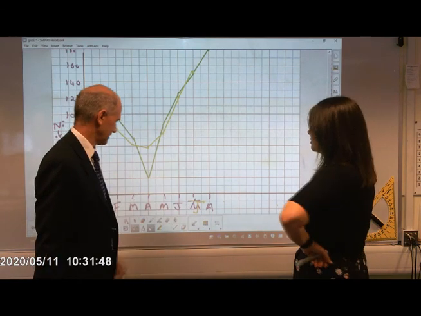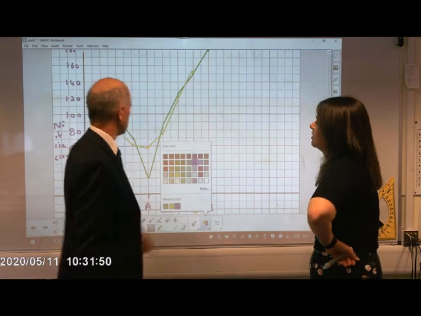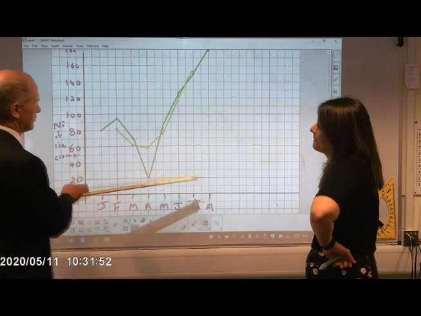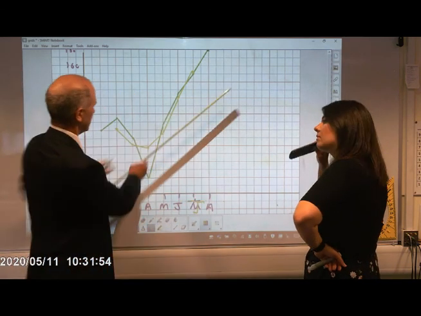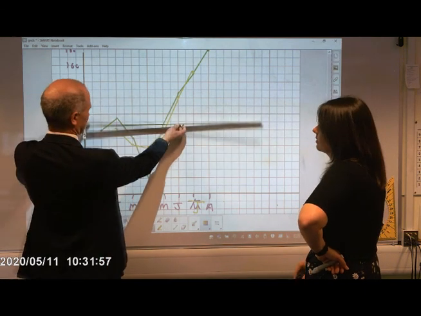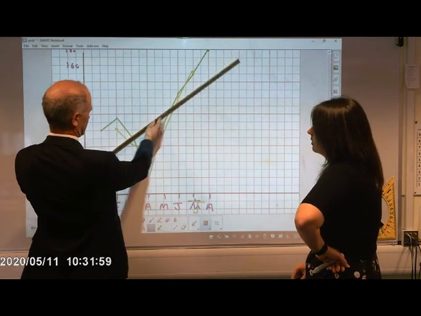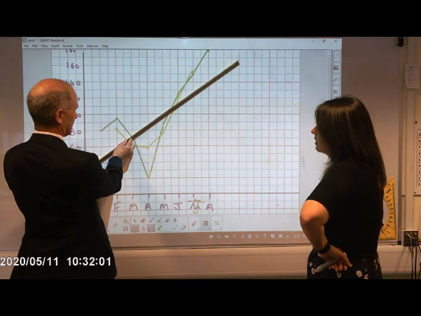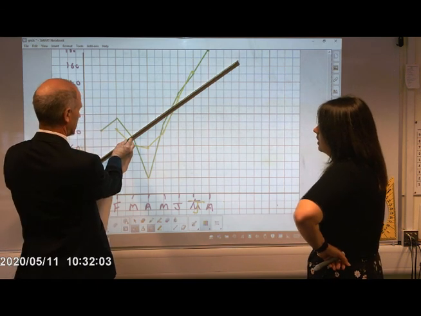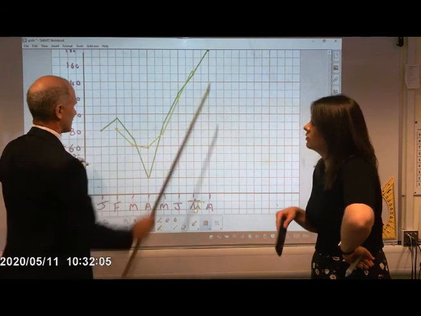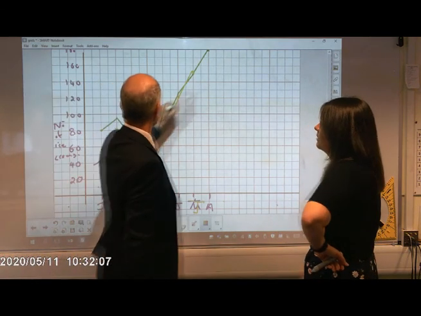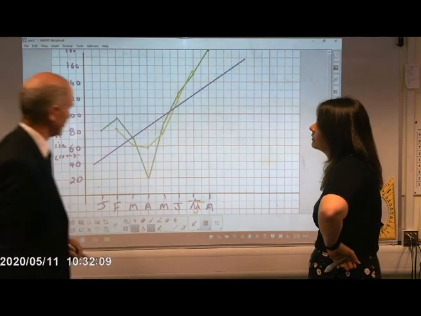So the general trend is still that it is moving up. I think so. And if we were thinking just about these points, line of best fit, well, it's going to be something like that. Yeah, absolutely, that's what I would go with. I've got points above, I've got points below. It's not a steep increase because you've had that dip in April, but it is still increasing.